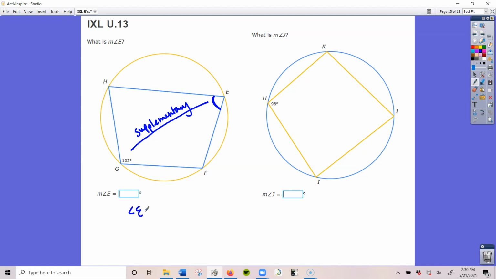So angle E is going to equal 180 minus 102, which gives you 78 degrees. So over here, it's going to be the same thing. If this angle is 98 degrees and we're looking for angle J, which is across from it, that means that angle J is supplementary. So we do 180 minus 98, which is going to equal 82.